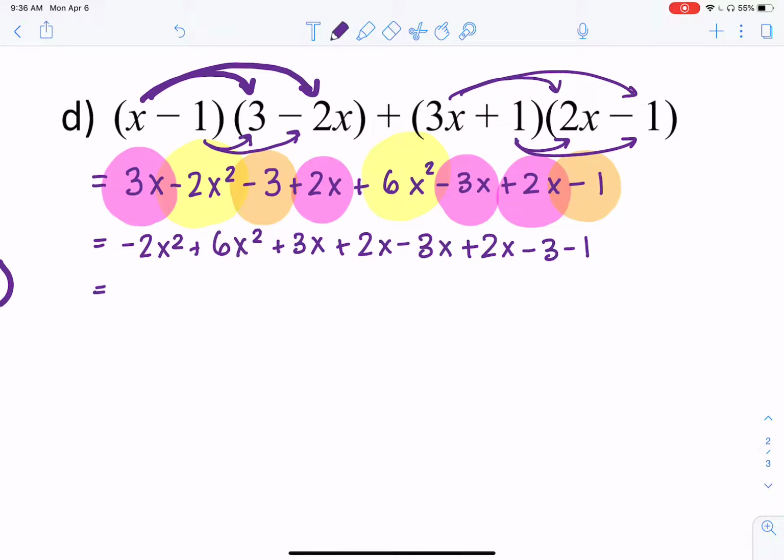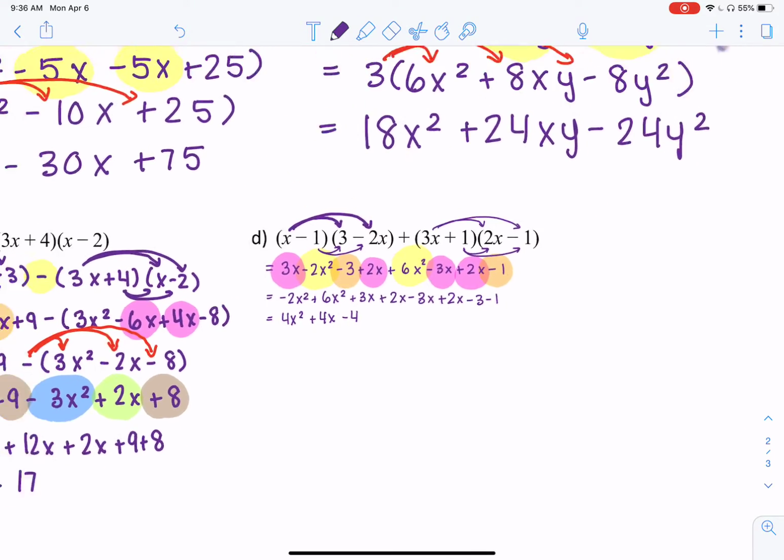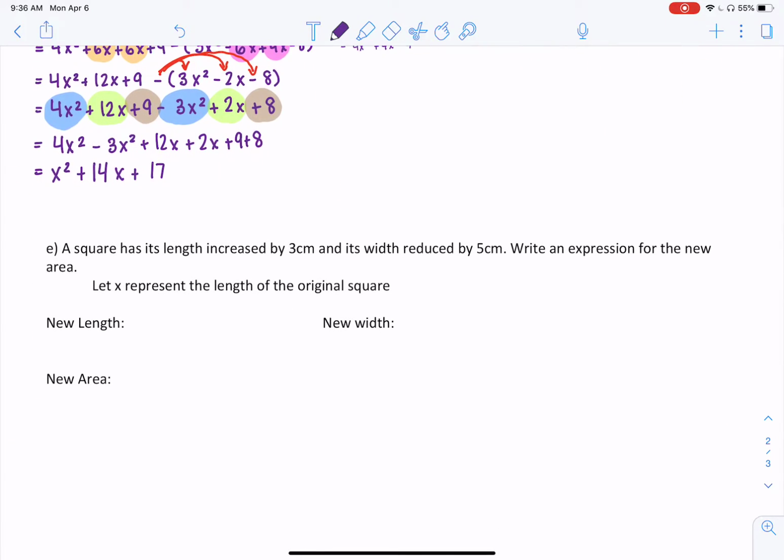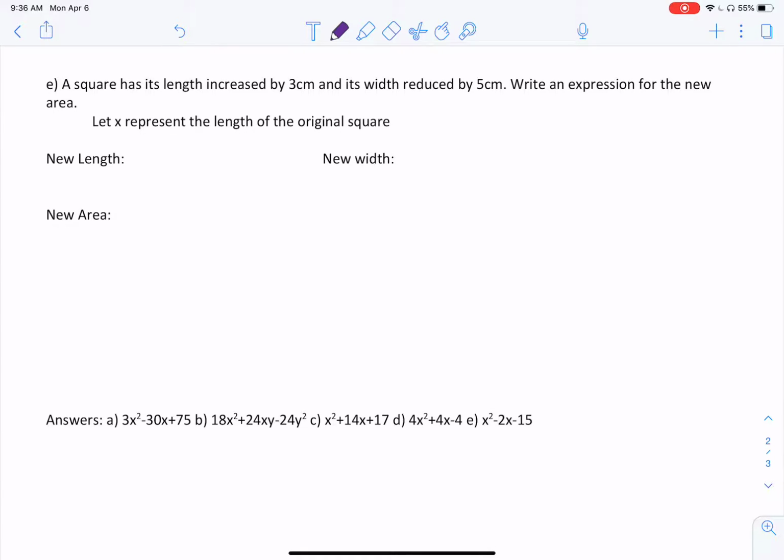And now that they're all in order, it makes it very, very easy to combine like terms. And that's it. So when you keep practicing these, you'll get good at being able to find your like terms and identify them and combine them really carefully.